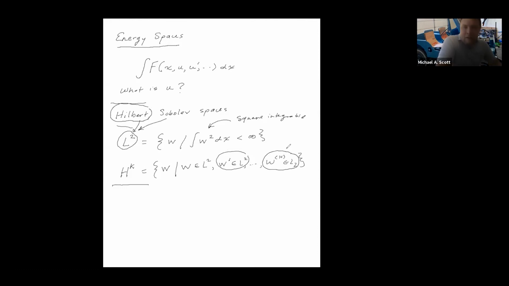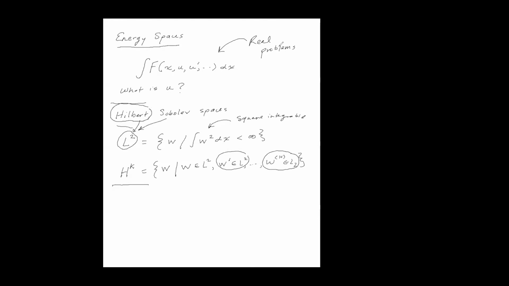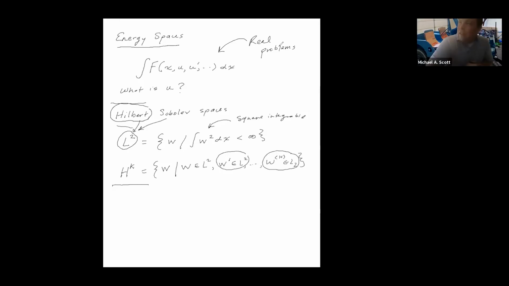Remember, this whole field is motivated by trying to solve physical problems. We're really trying to develop mathematical models for real problems. Tell me something about functions that model real problems. What is the function that you've encountered most in terms of using it in your engineering lives?